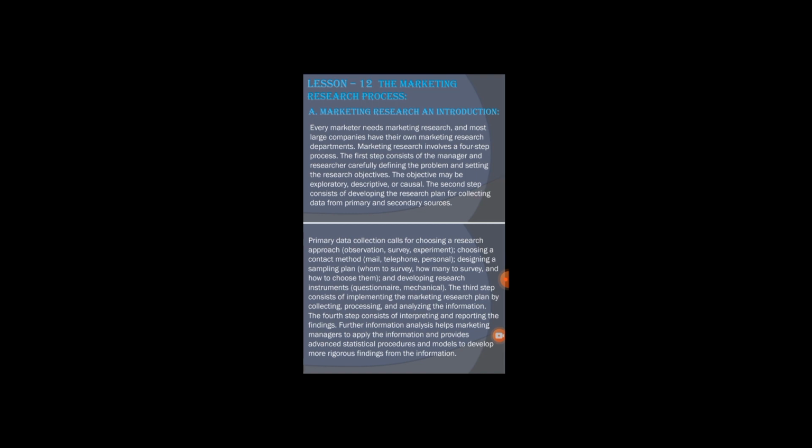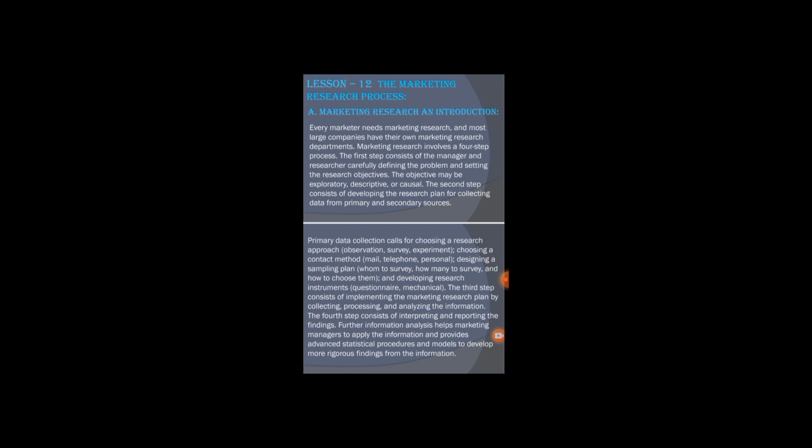Primary data collection calls for choosing a research approach (observation, survey, experiment), choosing a contact method (mail, telephone, personal), designing a sampling plan (whom to survey, how many to survey, and how to choose them), and developing a research instrument (questionnaire, mechanical).